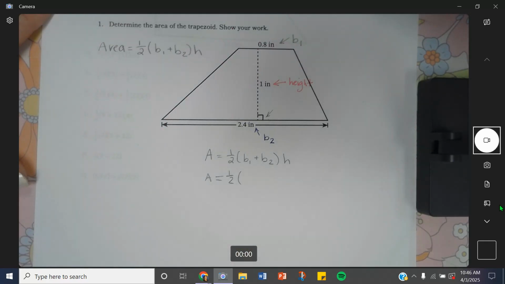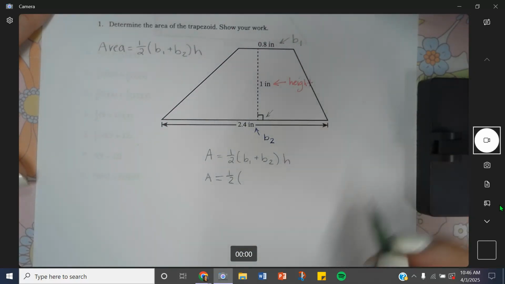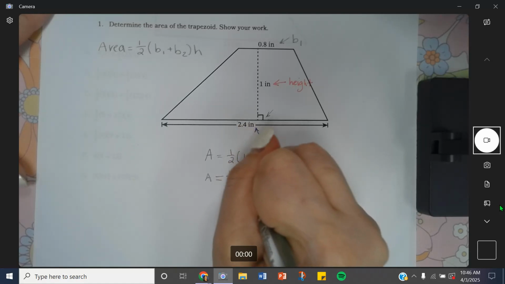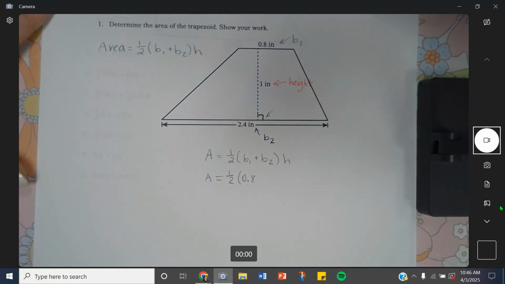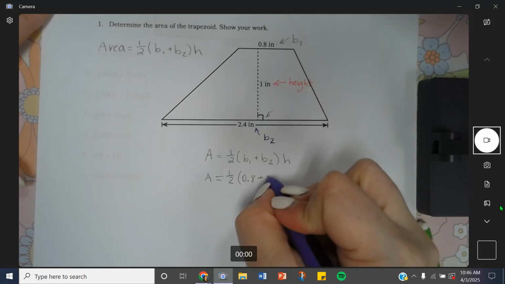Then let's go ahead and substitute our B1 with our base 1, which is 0.8. Let's bring down our plus sign. Let's substitute our base 2 with the base 2 that we found.